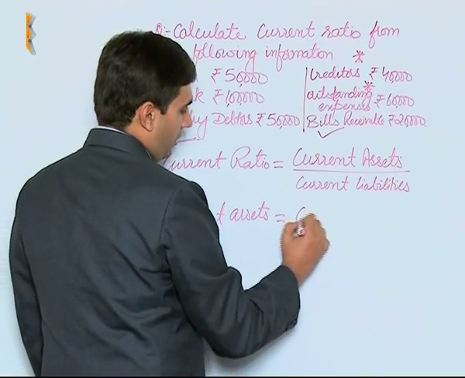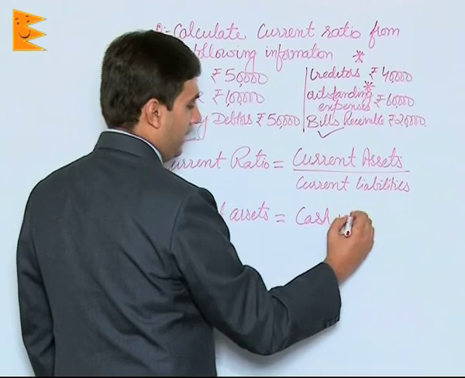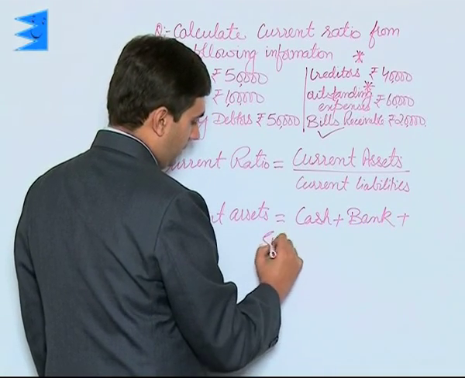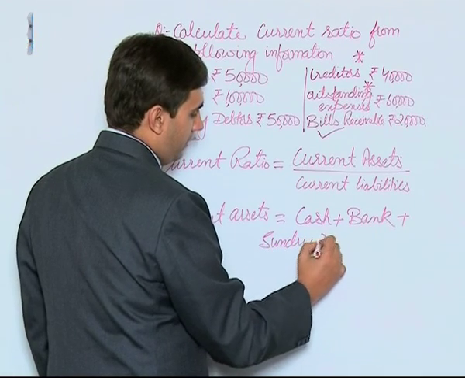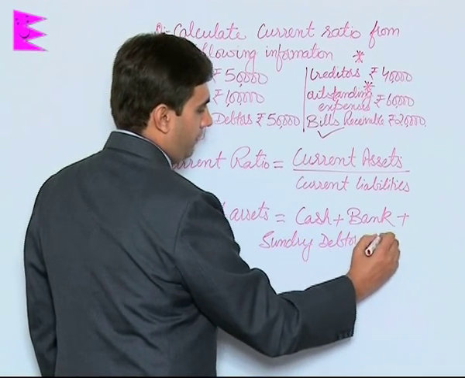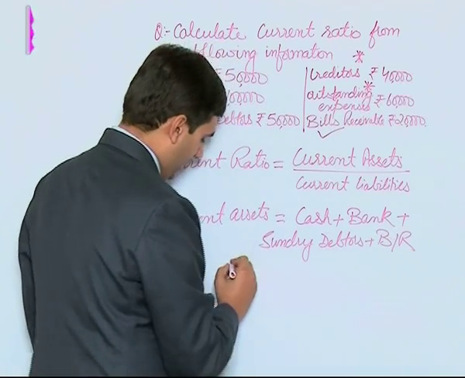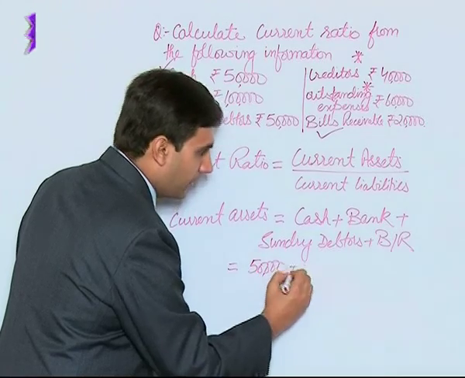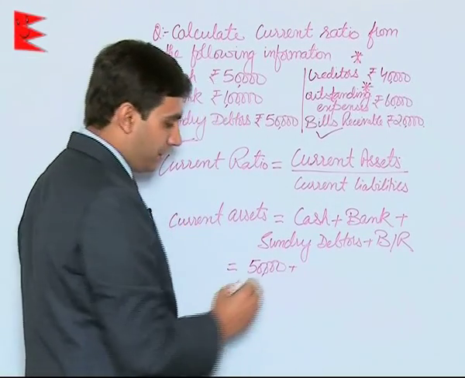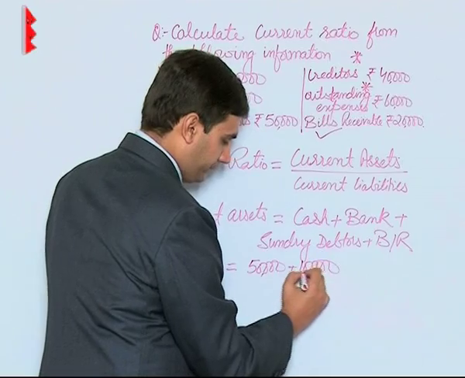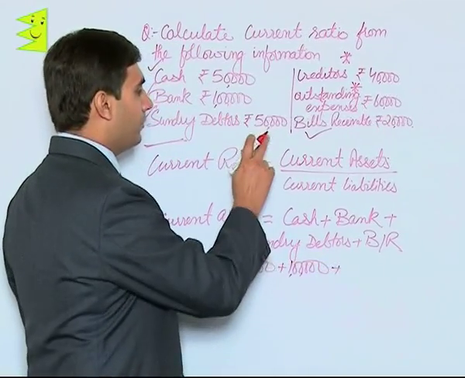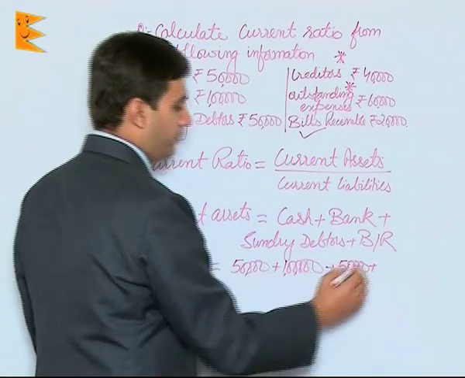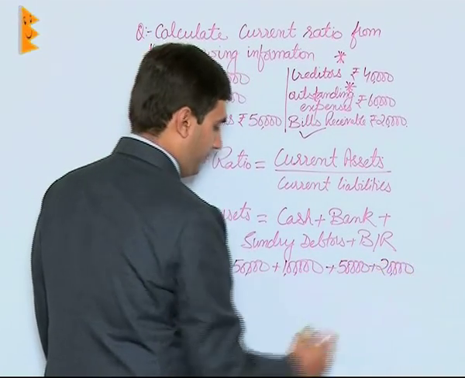they include cash plus bank plus sundry debtors plus bills receivable, which is given to be 50,000 for cash, bank is given to be rupees 1 lakh, so 50,000 plus 1 lakh, sundry debtors is given to be 50,000 and bills receivable is rupees 20,000.